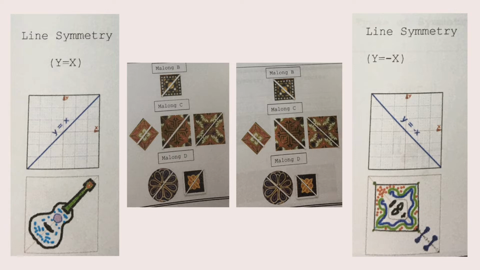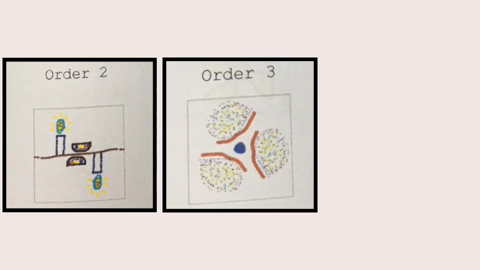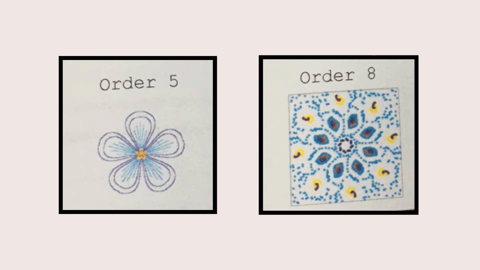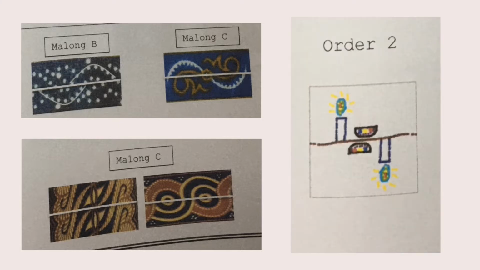In rotational symmetry, 5 types of order were used: order 2, order 3, order 4, order 5, and order 8. There was 1 design for Malongs B and C and 2 designs in Malong D that were found to be under order 2.